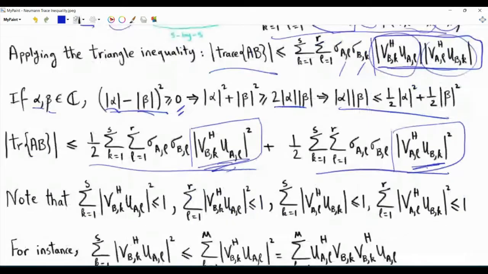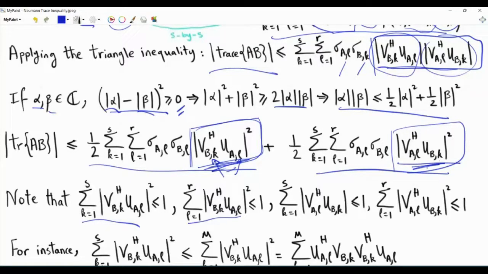Okay, so this is what I mean, that actually we have four inequalities. If I take this quantity here, which is indexed by k and l, suppose that you sum over k from 1 to S, S is the rank of matrix B, then you get something that is upper bounded by 1. Suppose that rather than summing over k, you sum over l from 1 to R, and R is the rank of A. You also get a sum that is upper bounded by 1.